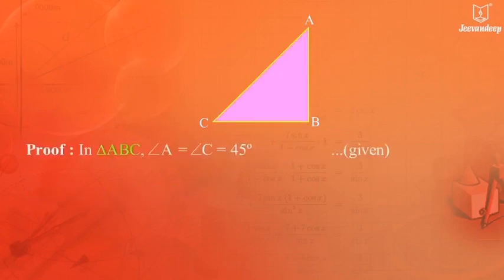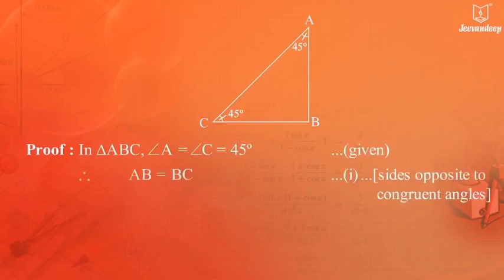Proof: in triangle ABC, angle A equals angle C, which equals 45 degrees, as given. Therefore, AB equals BC. Equation 1, being the sides opposite to congruent angles.